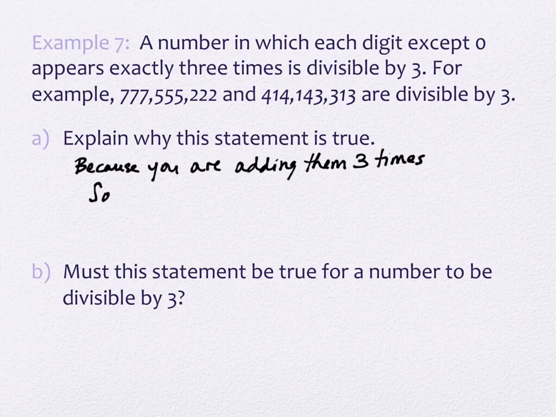So I'll just use the 7s because that's one of the first ones on the list. 7 plus 7 plus 7 is the same as 7 times 3, right? And this divides by 3.